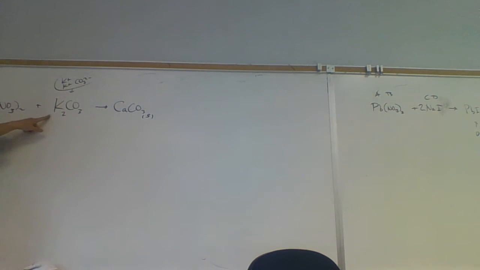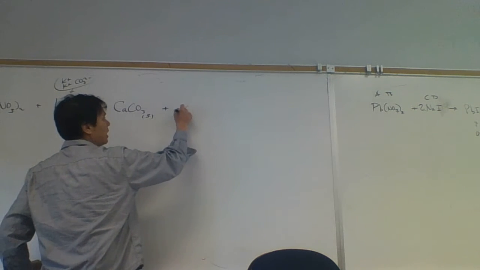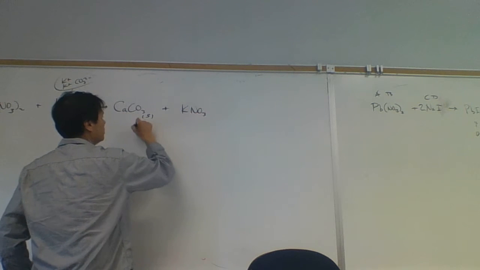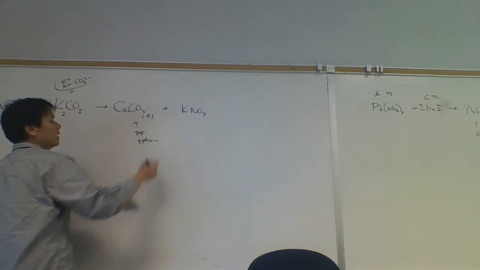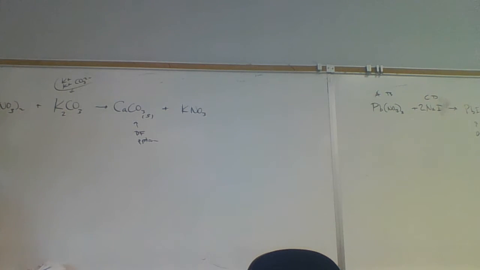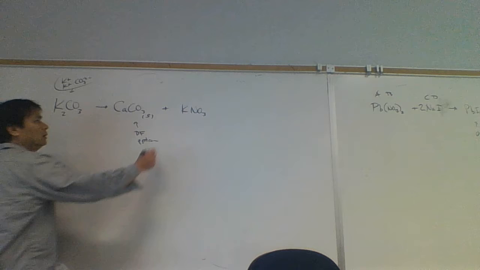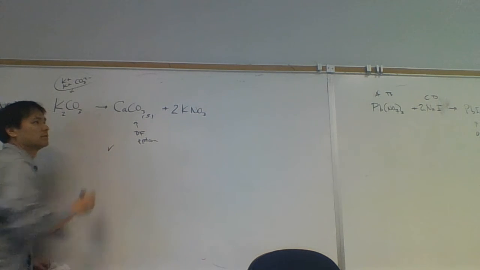And then potassium with nitrate, so potassium nitrate is just KNO3. And so we have driving force here. Driving force is precipitation. And so therefore we should balance this. If we balance it, what do we need? 2 potassium nitrates.